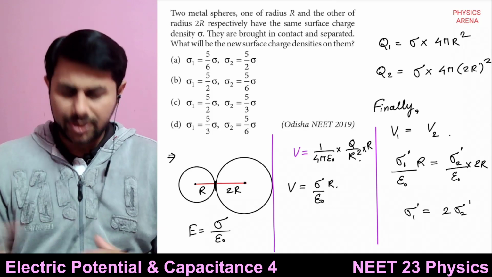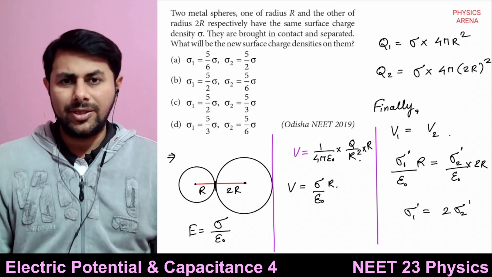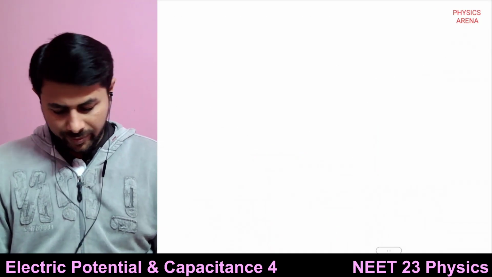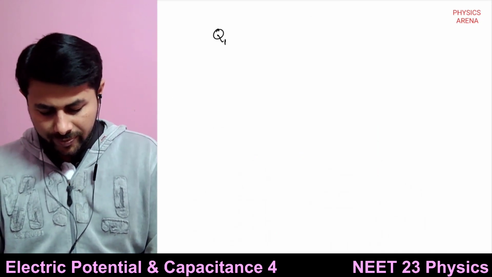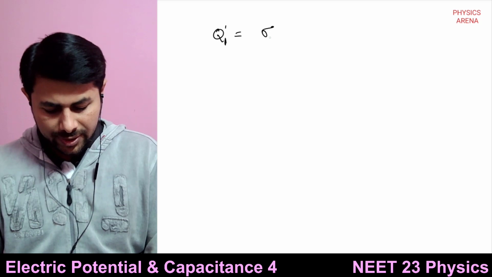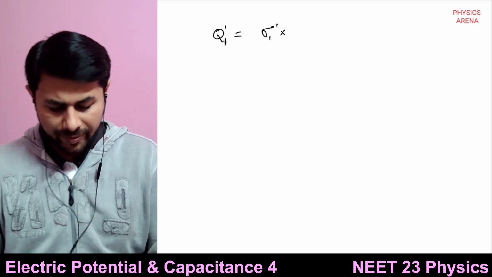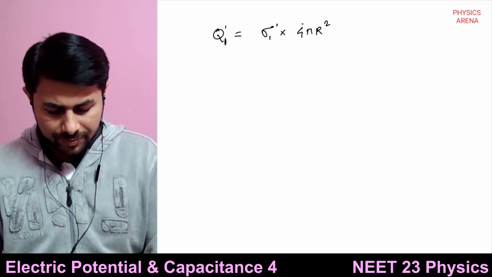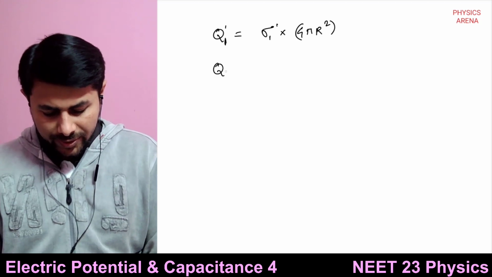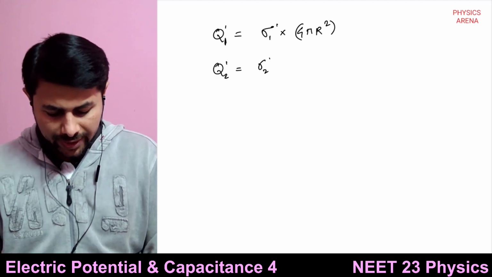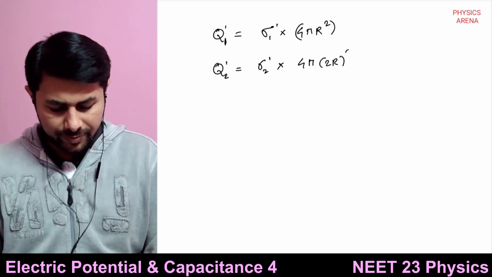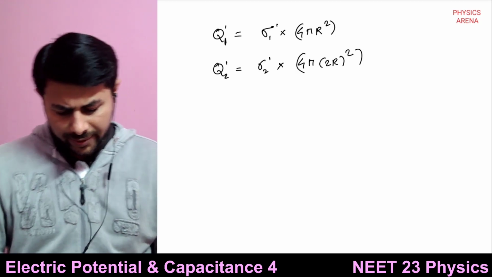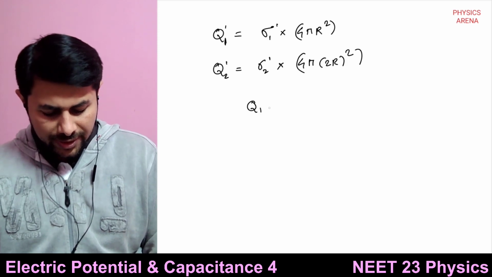Okay, quite quickly. And after that, we can find out the net charge. See, there is redistribution of charge, but net charge remains constant. Okay, so net charge, final net charge, we can say on first sphere, q dash is equal to sigma 1 dash multiplied by its area, which is 4 pi r square. And final net charge on the second one is sigma 2 dash multiplied by 4 pi 2r square, right? So charge remains constant.